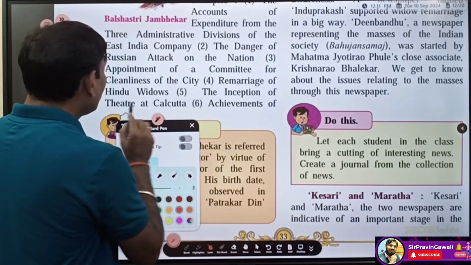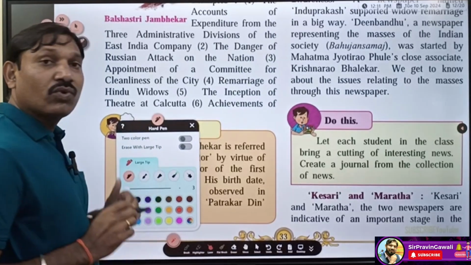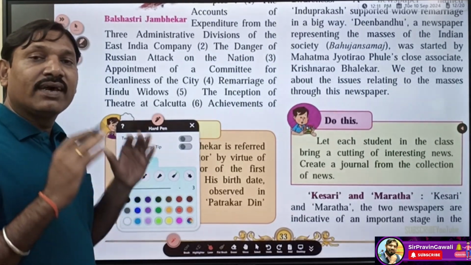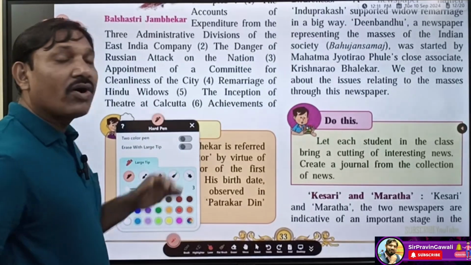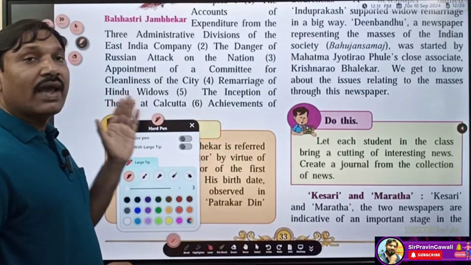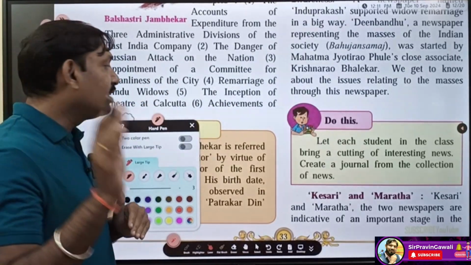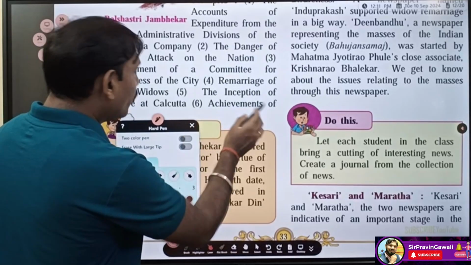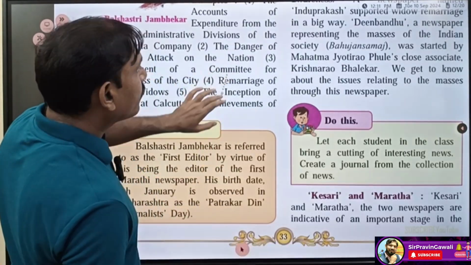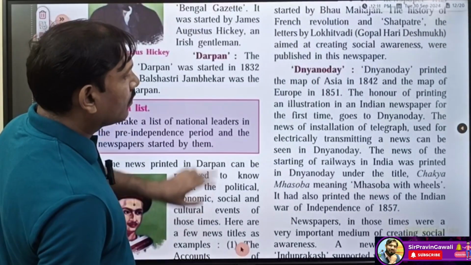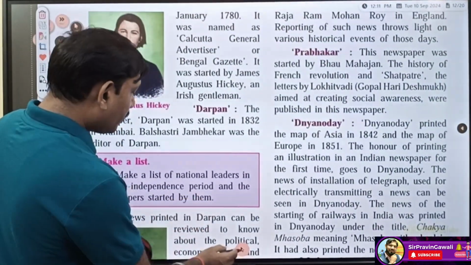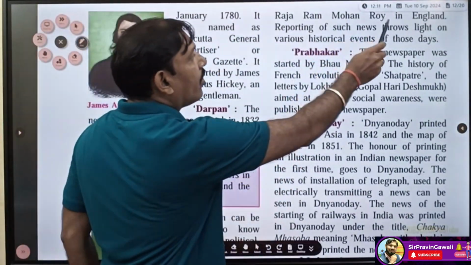Then the inception of the theater at Calcutta. This news is related to entertainment, the establishment of a theater at Calcutta. And the next one, the achievement of Raja Ram Mohan Roy in England.